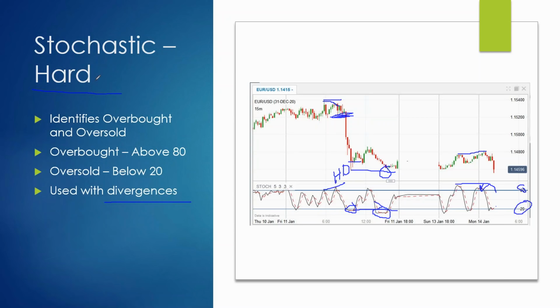So this one can be easy depending on how you're using it. Generally, anytime it's overextended and I'm in profit, I'm either going to take my profit or I'm going to start watching it a lot closer. This one over here is again a great example.